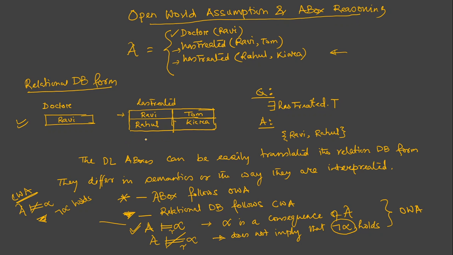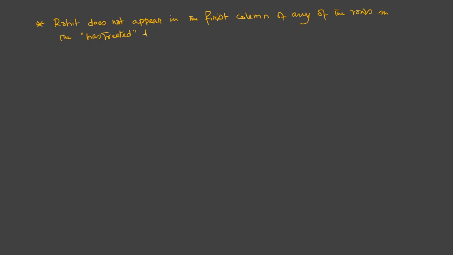So you see Rohit does not appear in the first column of any of the rows in the hasTreated table, right?